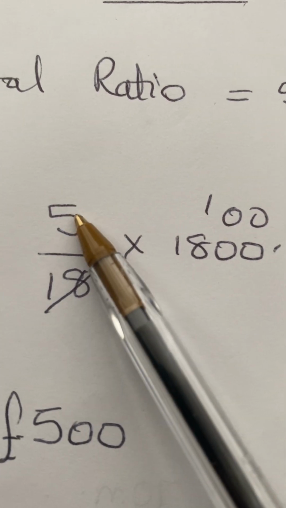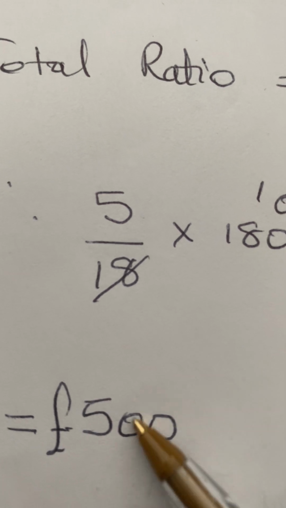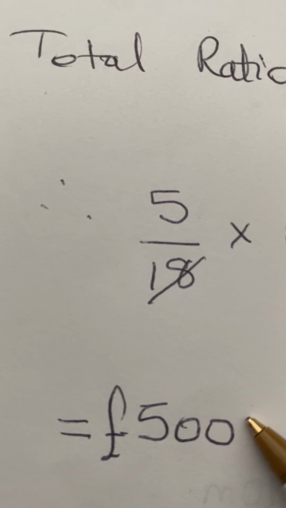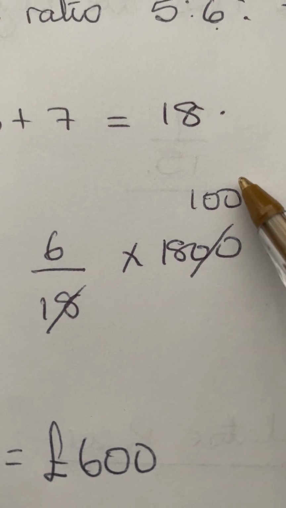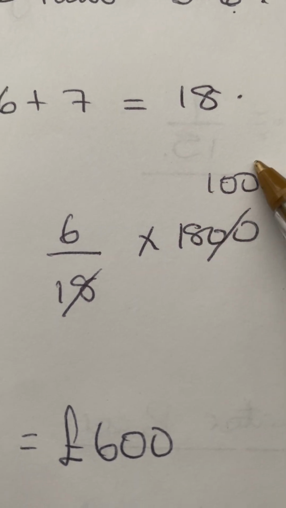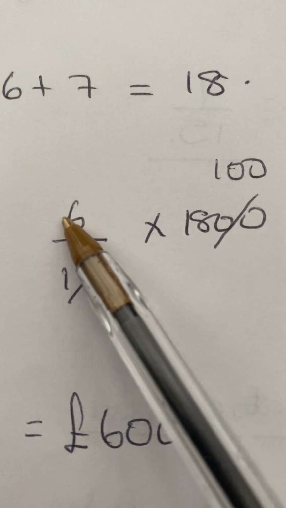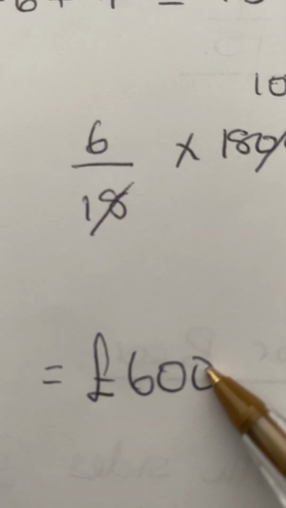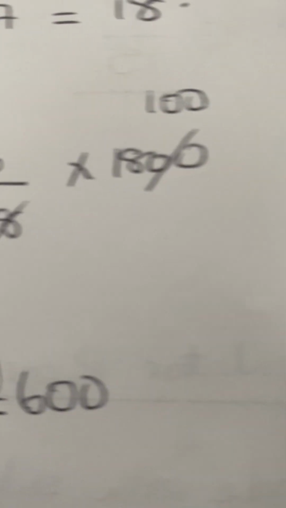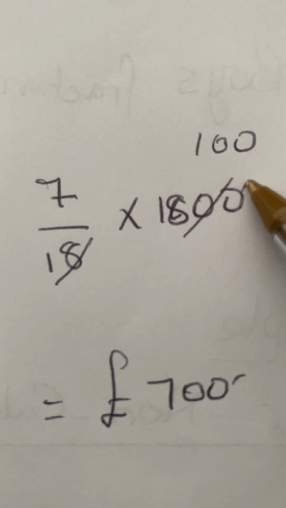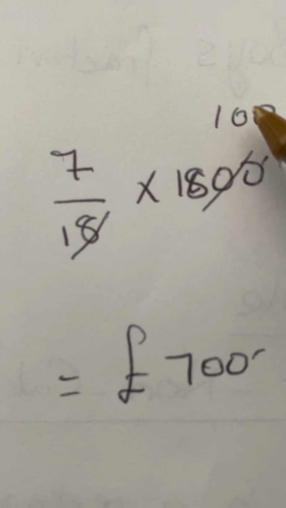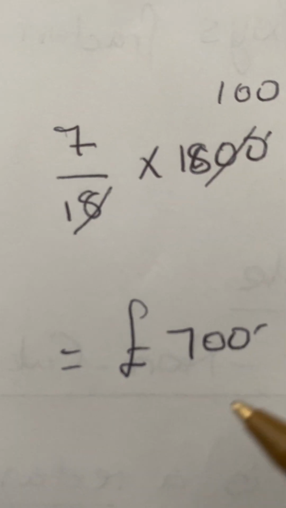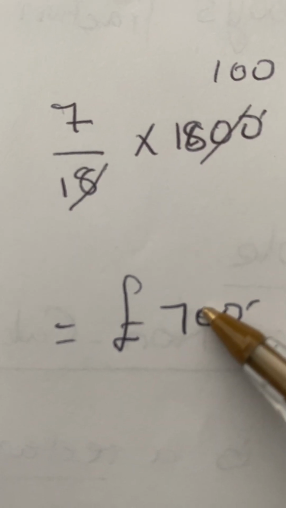100 times 5 is 500 pounds. Okay, 18 will go into 1,800 again 100 times. 100 times 6 is 600. 18 will go into 1,800 100 times. 100 times 7 is 700.